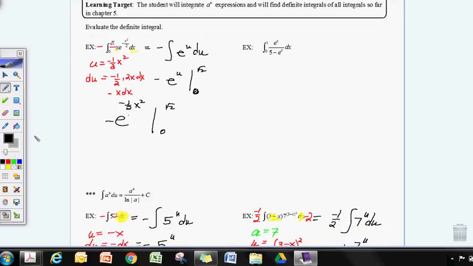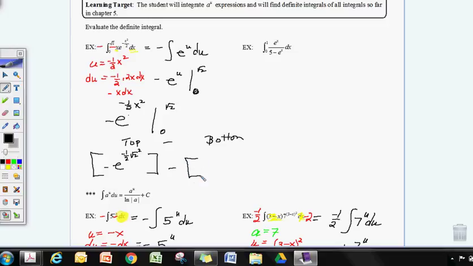Okay, so now for my top, subtract bottom. Plugging it in, for my top, I'm going to get negative e raised to the negative 1/2 square root of 2 squared power. Ew, that looks ugly, but oh well.